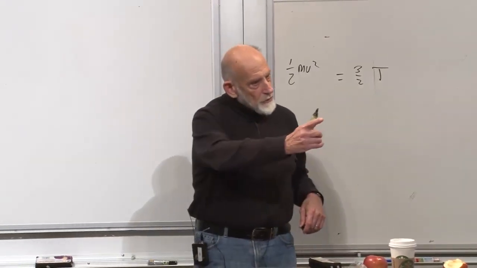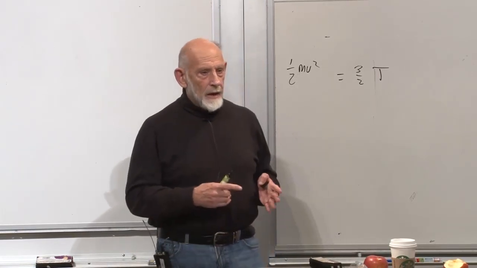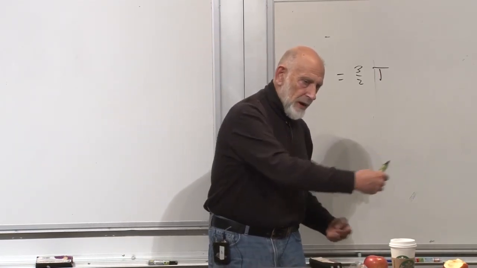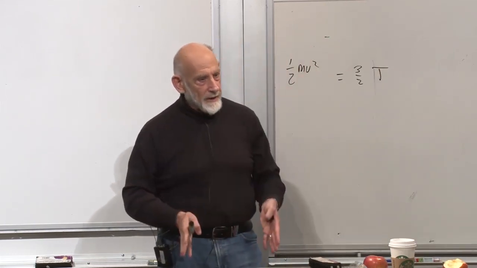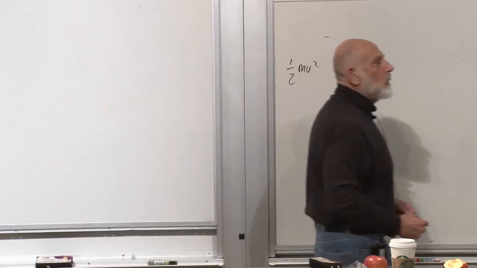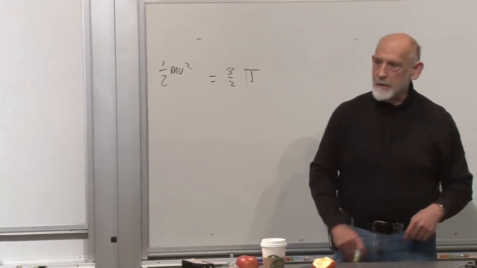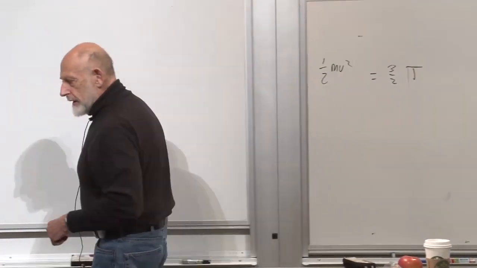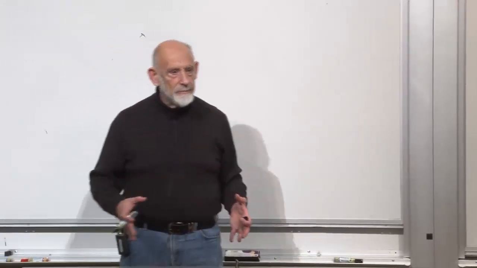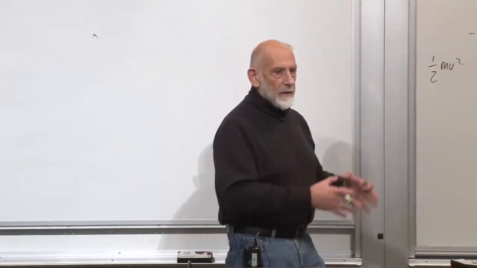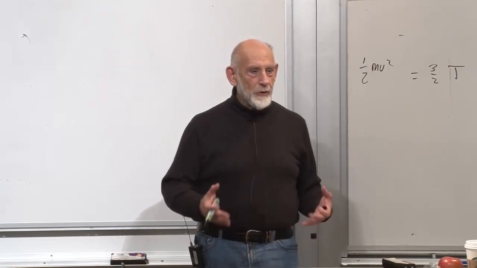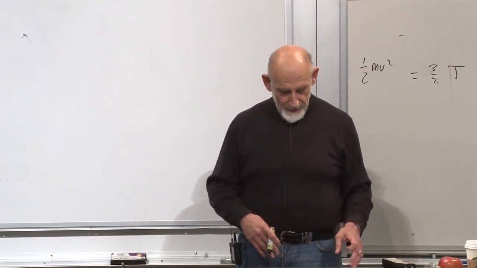The particles bounce off the wall, and the perpendicular component of momentum, which is originally going this way, is then going this way. We can calculate the momentum delivered to the wall, and of course, force is rate of change of momentum, and so we can calculate the force on the wall.